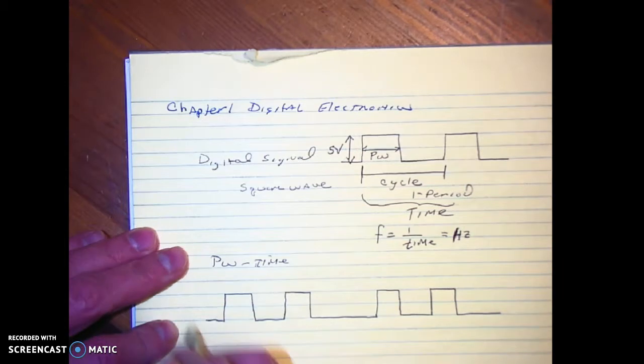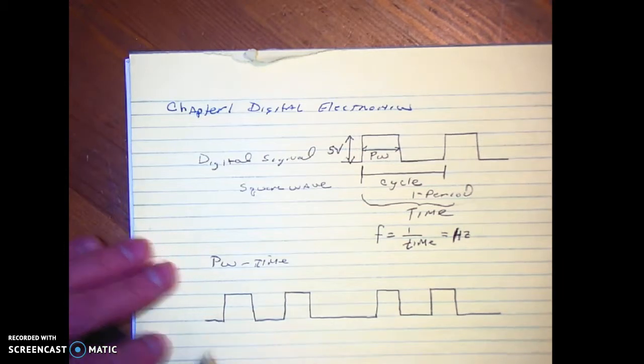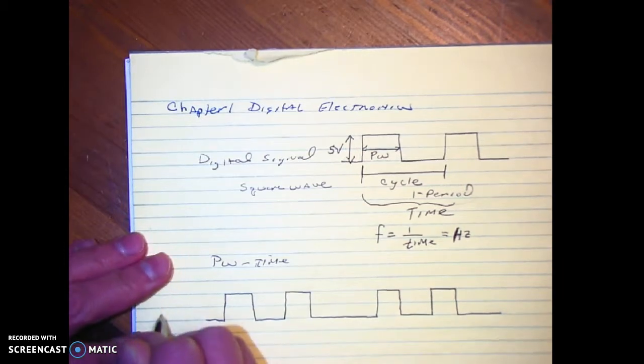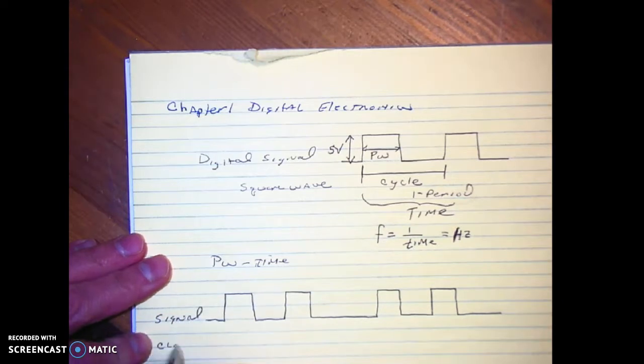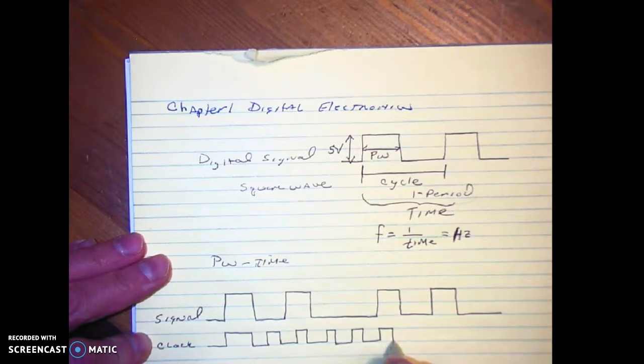And let's say this bottom one is our signal, and this is our clock. I'll talk about clocks here in a minute. So let's say our clock is doing this, and then it's doing that. I know this is really generic, but hopefully it gives you an idea of what is going on.